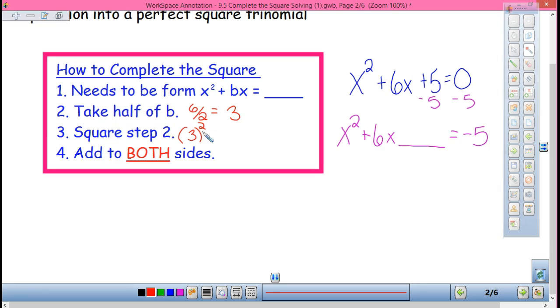And what does it tell me to do with that 9? We're going to add it to both sides. So that's why I left a spot here. I'm going to go plus 9 and plus 9, because I'm going to add it on to both sides. So now I have x squared plus 6x plus 9 equals 4.